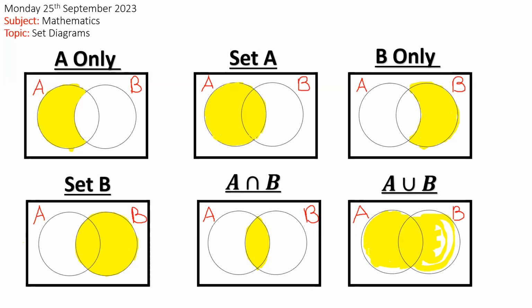Excuse me, Mr. Petit, I have a question. Go ahead. When we're doing a set diagram, say 7 is an element of A. You remember the numbers outside the circles?